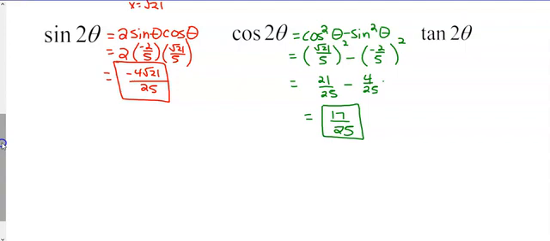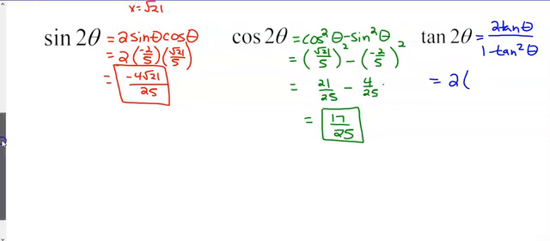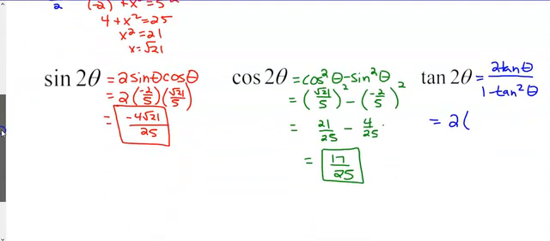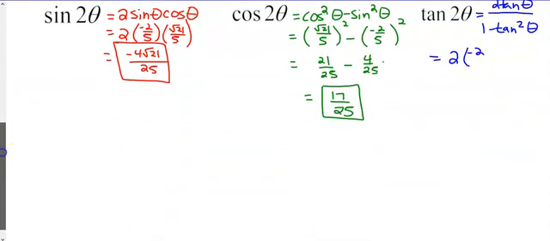And then last one, tangent. Tangent is 2 tangent theta over 1 minus tangent squared theta. In our case, tangent is opposite over adjacent, or OA in SOHCAHTOA, so negative 2 over root 21, over 1 minus tangent squared, so negative 2 over root 21 squared.